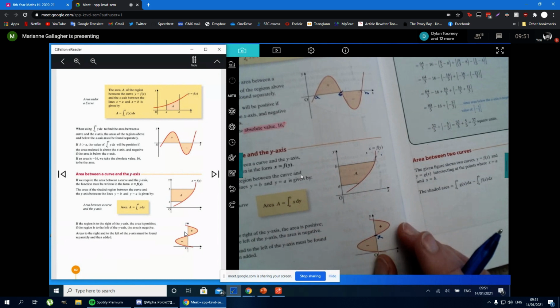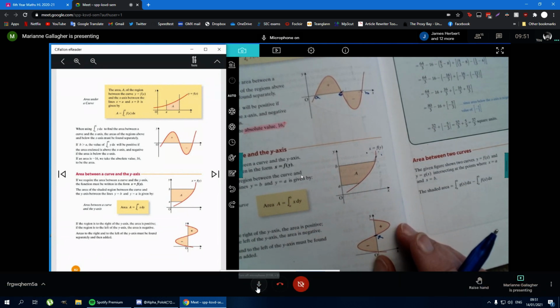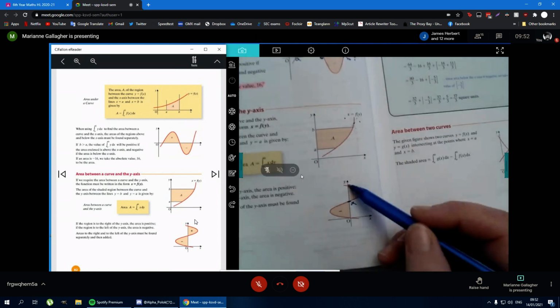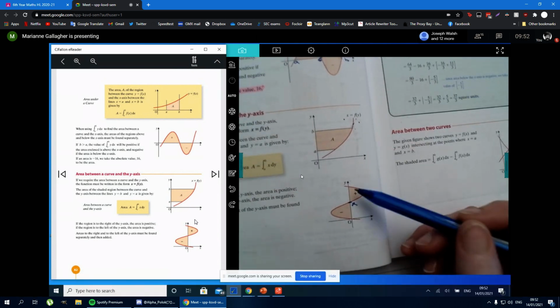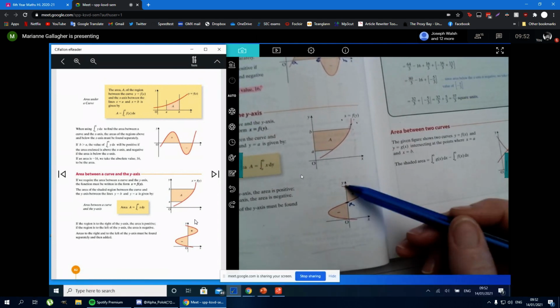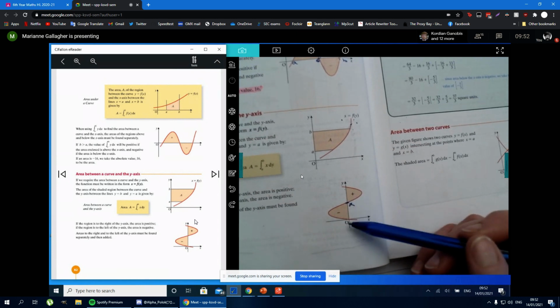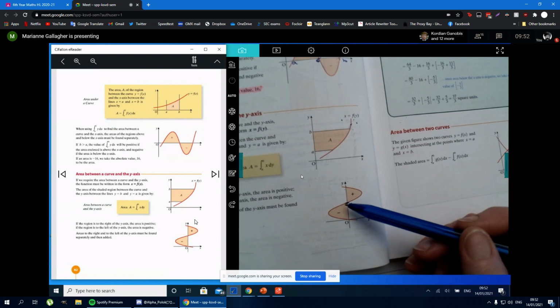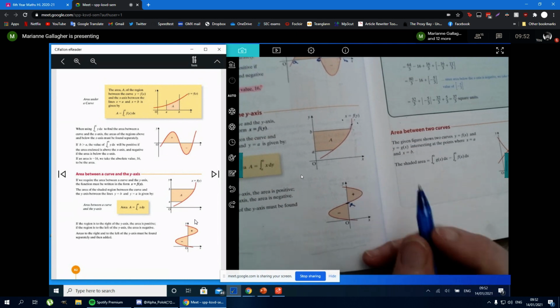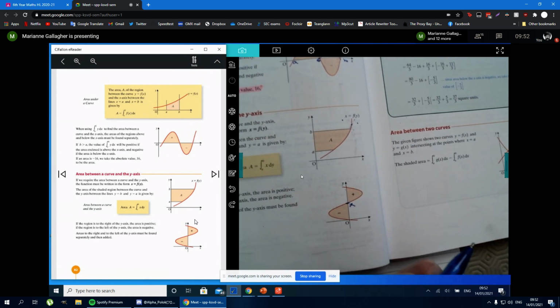Is that clear enough for everyone? Yeah. Okay. And again, you'd have to make sure, if they're saying between 0 and 4, you say, oh, hang on, it crosses here at 2. So I need to go from 0 to 2, and then I need to go from 2 to 4 separately. And then when I've got those two answers, I add them both together to make sure that they're not cancelling each other out.